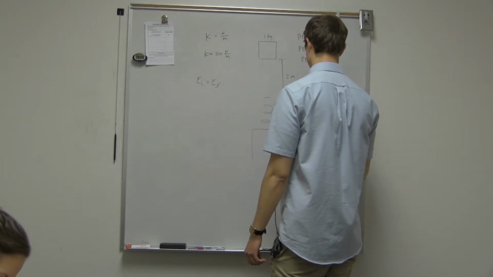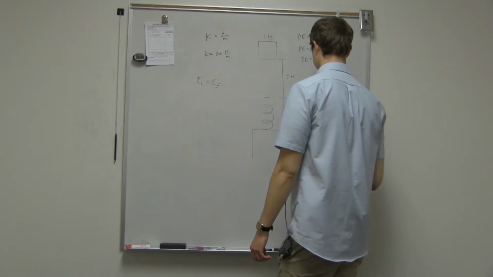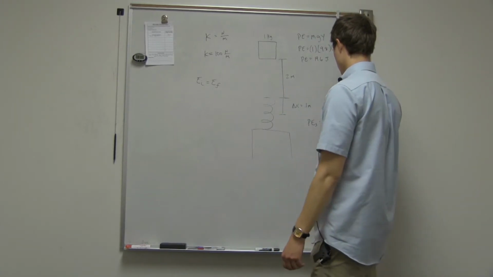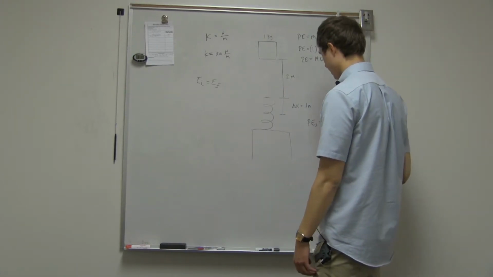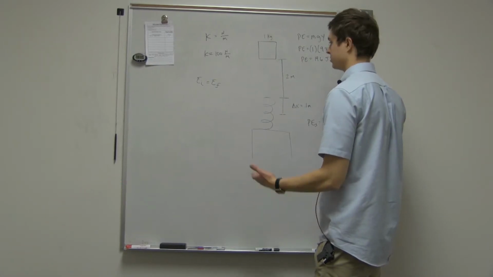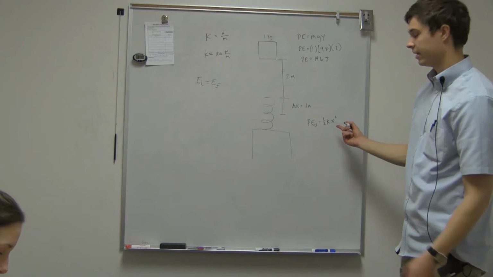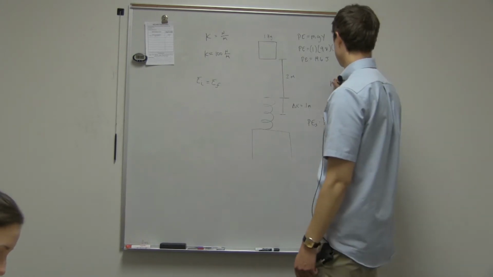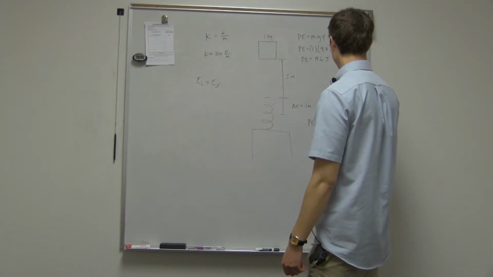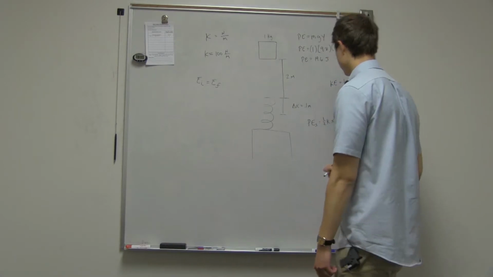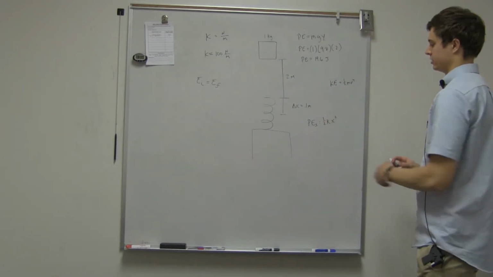Do you know the equation for that? It's 1/2 times K times x, or delta x, squared. It's really similar to the kinetic energy equation, 1/2 mv squared, which helps people remember it. They're the exact same format, just different variables.